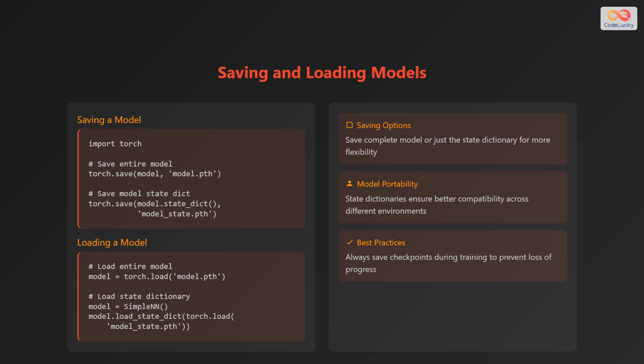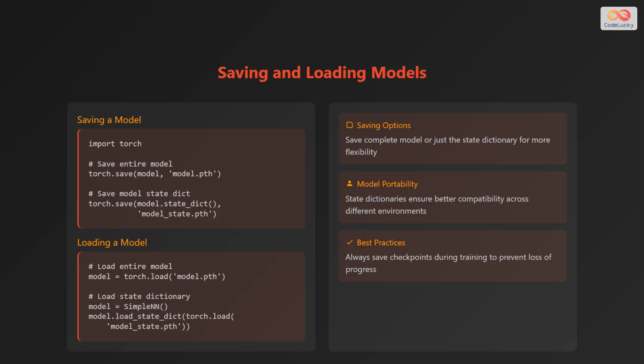Saving and loading models is essential for reusing and deploying our trained models. We can save the entire model, or just the model's state dictionary. To save the entire model, use torch.save model to model.pth. To save the model state dictionary, use torch.save model.state_dict to model_state.pth.